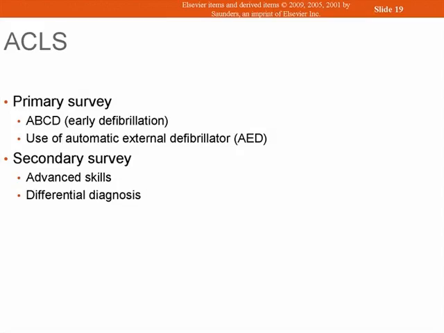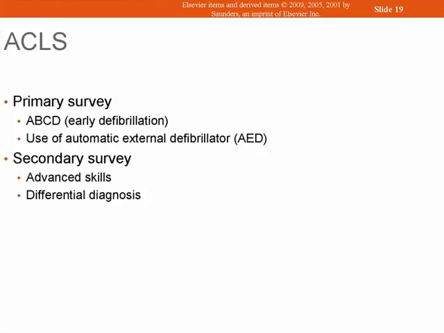So with ACLS, on your primary survey of this patient, you're going to look at airway, breathing, circulation, and early defibrillation. So ABCD, right? You want to early defibrillate, and this is the use of an automatic external defibrillator, an AED, which you have learned how to use in your basic CPR healthcare provider class.